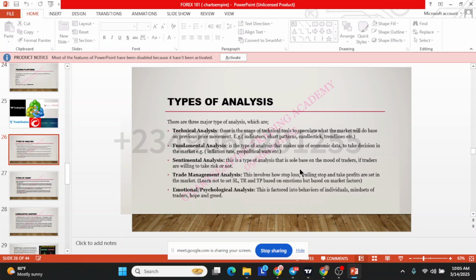You know, just like, let's use this kind of illustration for those who play sports betting. If they want to back a particular team to win, they want to check the previous performance of that team. How have they been performing? Are they at their peak period or are they struggling?